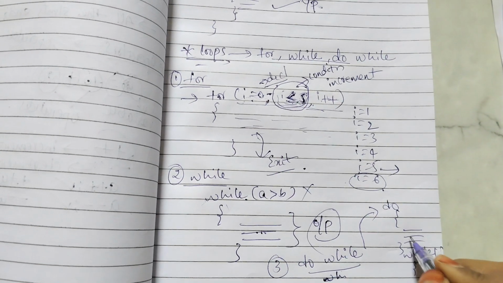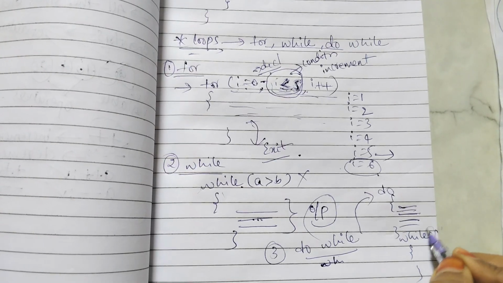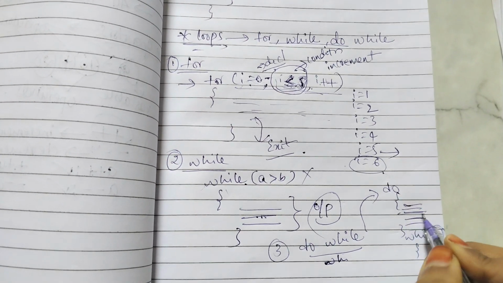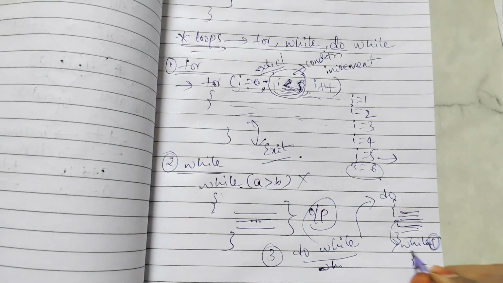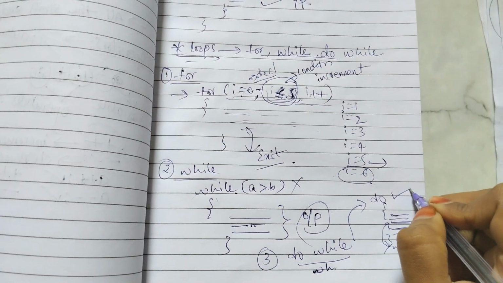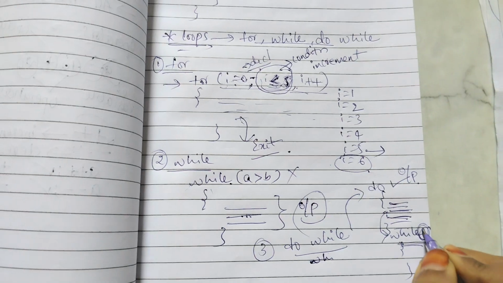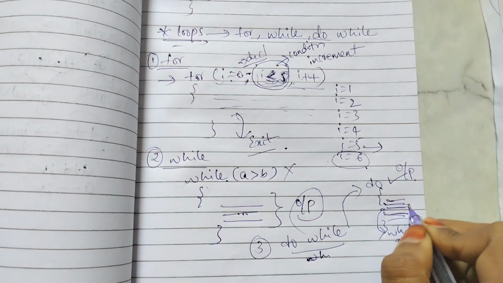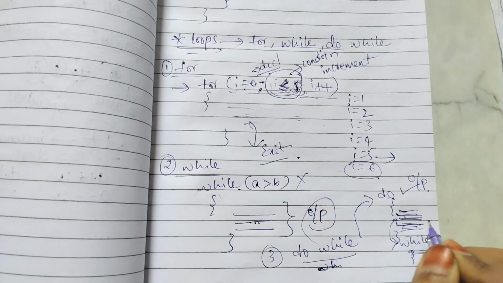It will first execute because it does not check any condition first. After the execution only, it will come and check the condition. That is why it will print the output at least once. Clear? It will not check the condition before. It will execute first whatever is inside the do block.